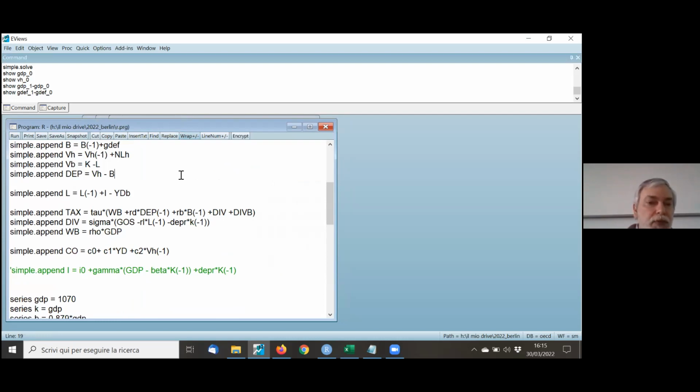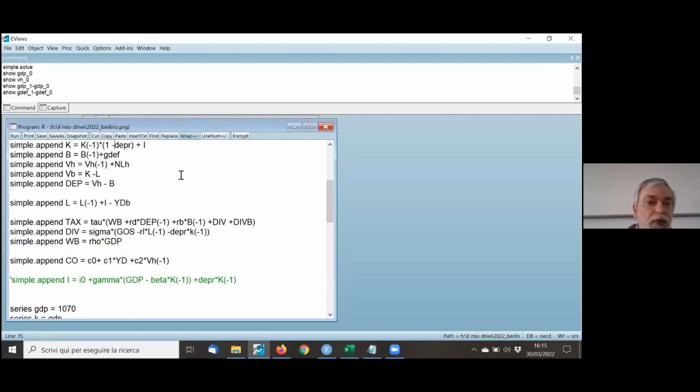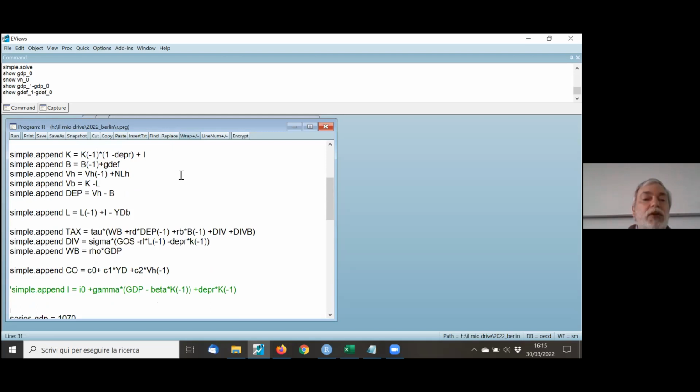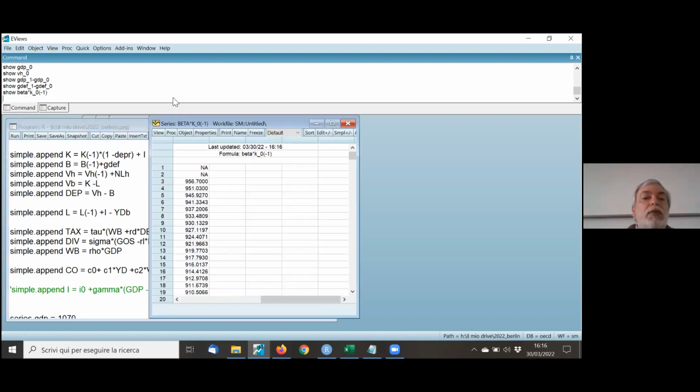In here, the stock of capital is growing with investment. Investment is constant but equal to depreciation, so the stock of capital is constant. Now, we wanted to have this equation here. So what would be beta times k minus 1?